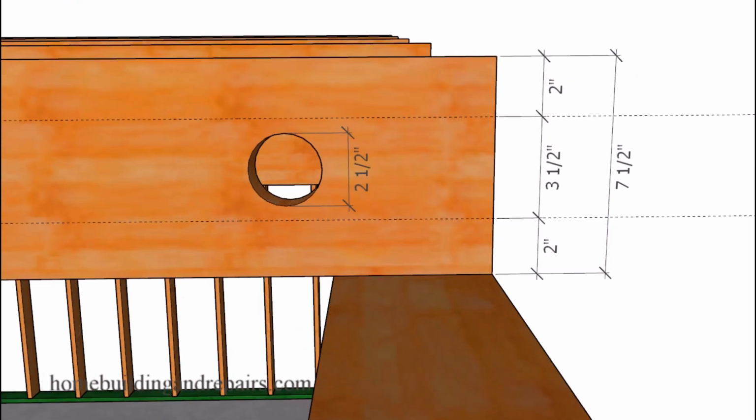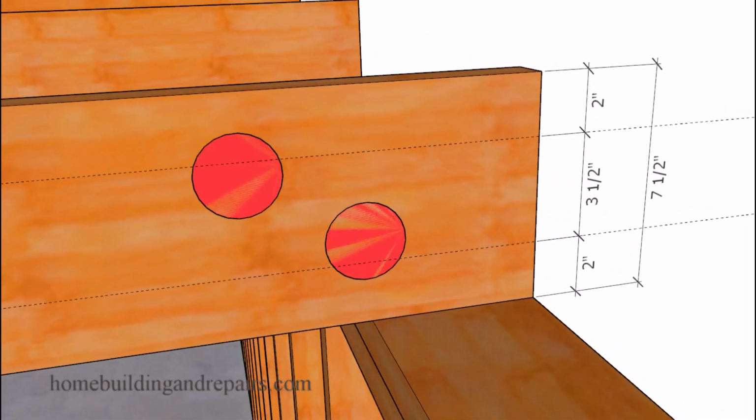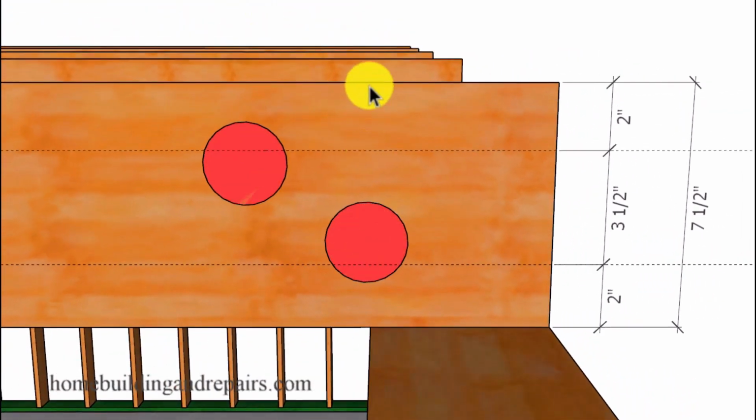And again, this hole cannot be located anywhere within the 2-inch section located at the top or bottom of the floor joist. This will not make your building inspector happy. And the information I just provided you with about the 2 inches and the maximum 1/3 diameter of the height of the joist will usually apply to other construction standard lumber floor joists like 2x10s or 2x12s also.